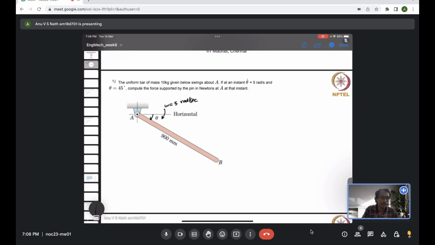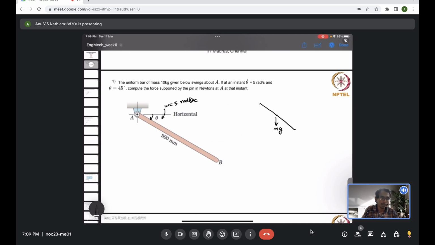So first of all, you need to draw the free body diagram. It's just a rod, but unlike a normal pendulum, this rod has an extent over which the mass is distributed. So we can assume the entire weight is acting through the center of mass.